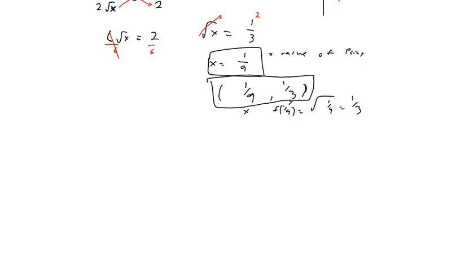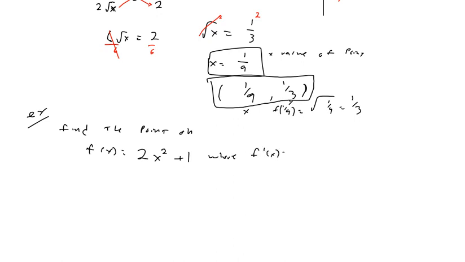Find the point on f of x equals 2x squared plus 1 where f prime equals -2.